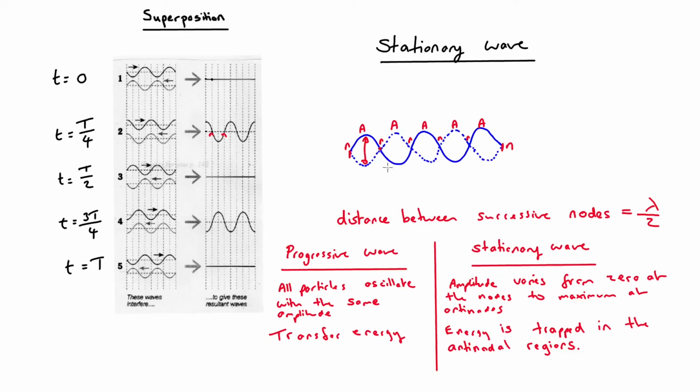But they are moving in antiphase with particles on the opposite side of a node. As these particles move up, the particles on the other side of the node will move down. They will be in antiphase. We've seen already that in a progressive wave, the phase changes as you move through one wavelength of that progressive wave. So again, another difference between progressive waves and stationary waves.